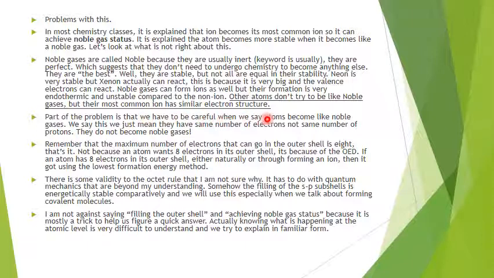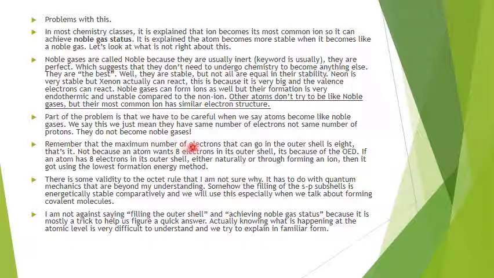When fluorine gains that one electron, it has 10 electrons like neon, but it has the number of protons that fluorine does. So when an atom achieves noble gas status, we mean in terms of its electronic structure.